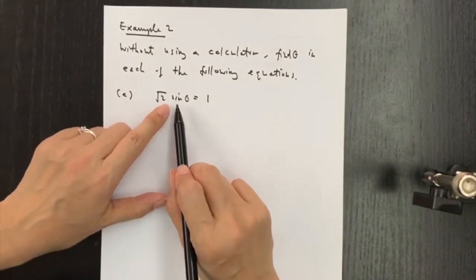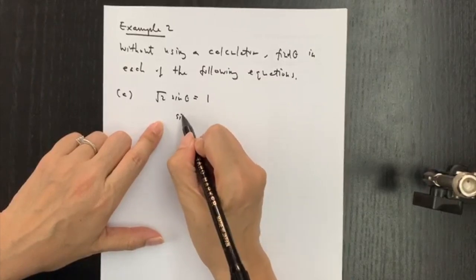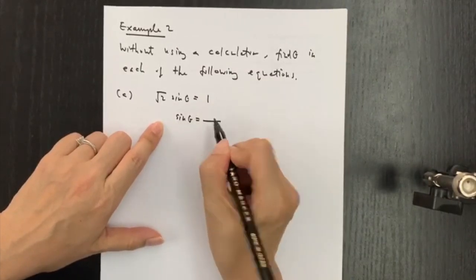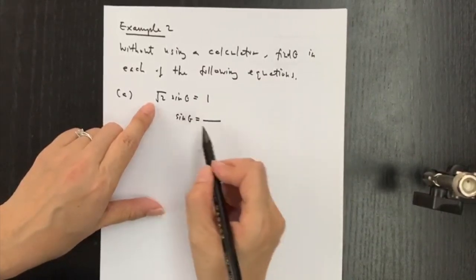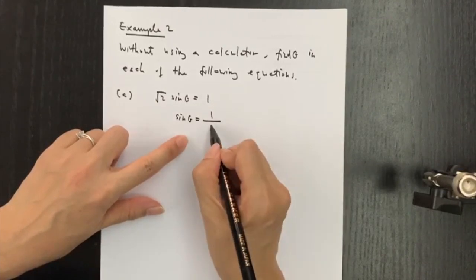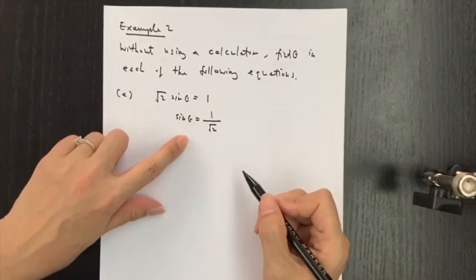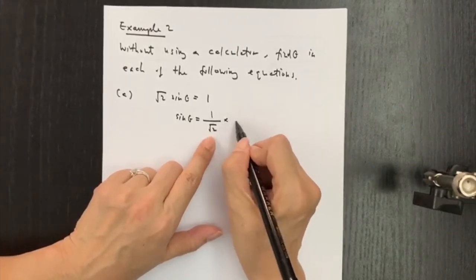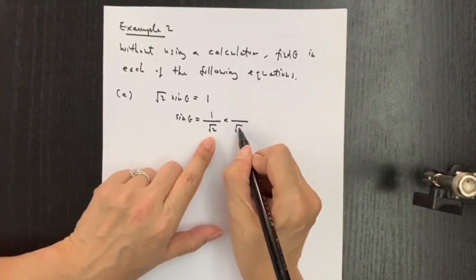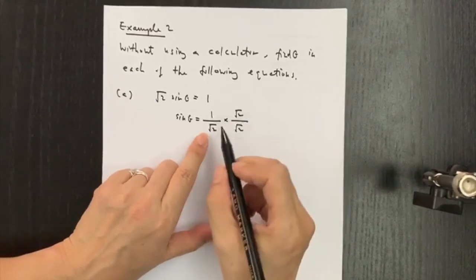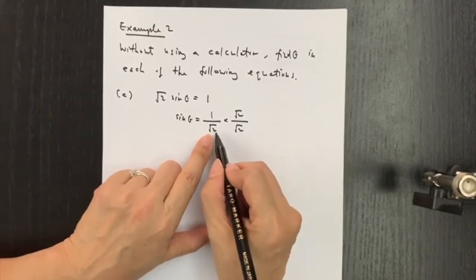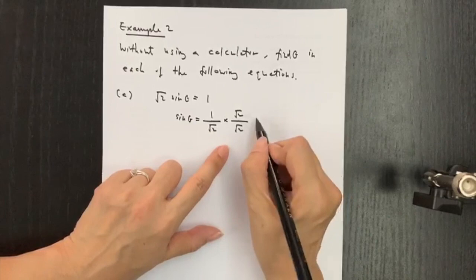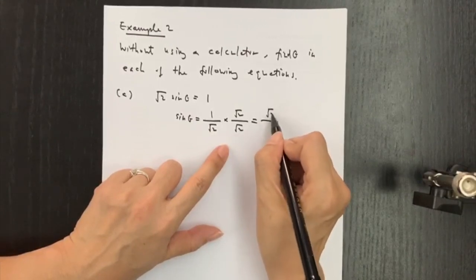The first thing is to change the subject to sine theta. So sine theta is equal to, root 2 moves to the right hand side, so that is 1 over root 2. If I rationalize this, remember in the previous chapter, this is root 2 over root 2, and I can get rid of the irrational number in the denominator. So the answer is root 2 over 2.